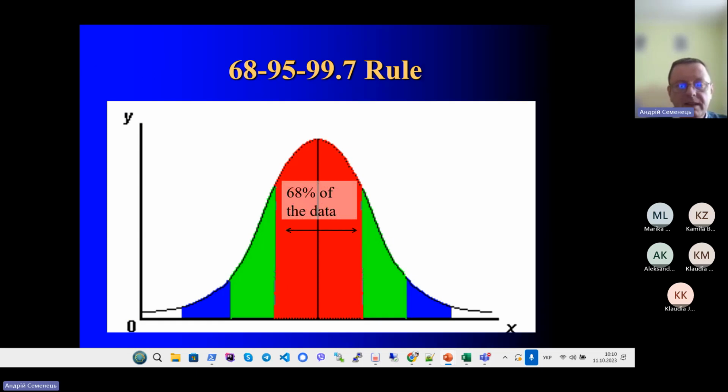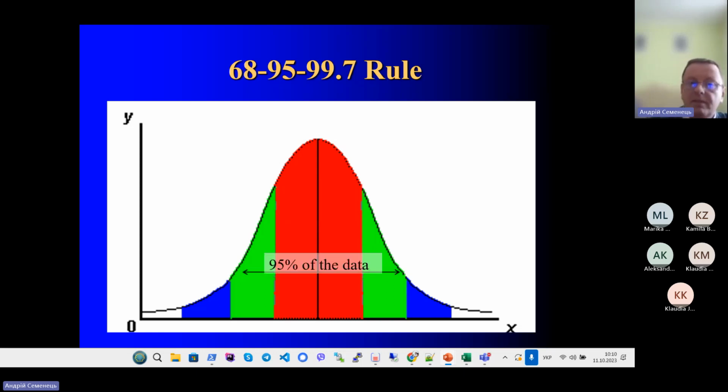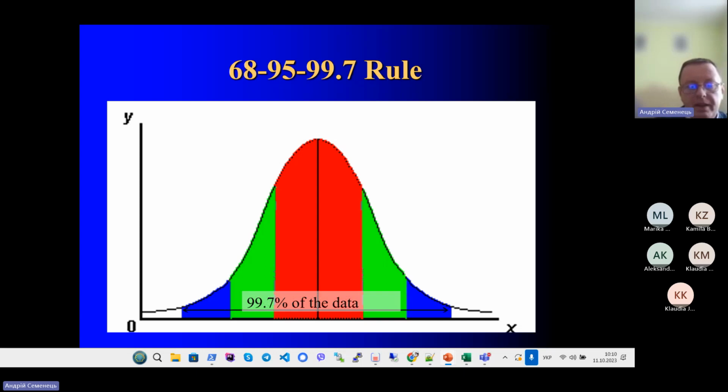It has to be like this: 68% within 1 sigma deviation from the center, 95% within 2 sigma, and 99, almost the entire data set, within 3 sigma.